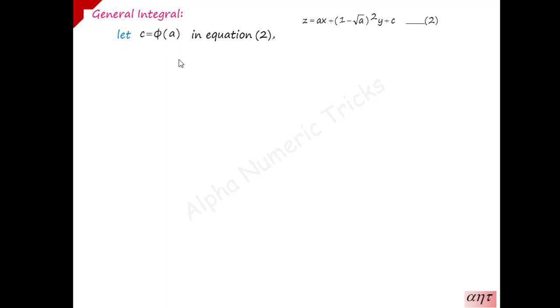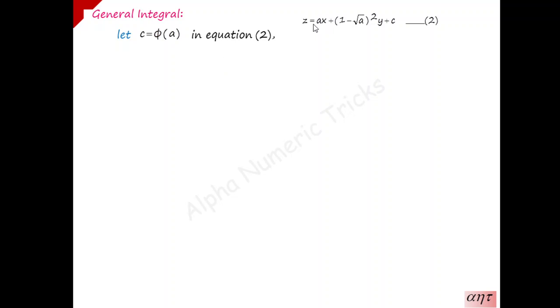Now we will see how to get the general integral or general solution. This is obtained from the complete integral, and there you have to reduce two arbitrary constants to a single arbitrary constant. Make use of the substitution c = φ(a), that is, one constant should be written as a function of the other.